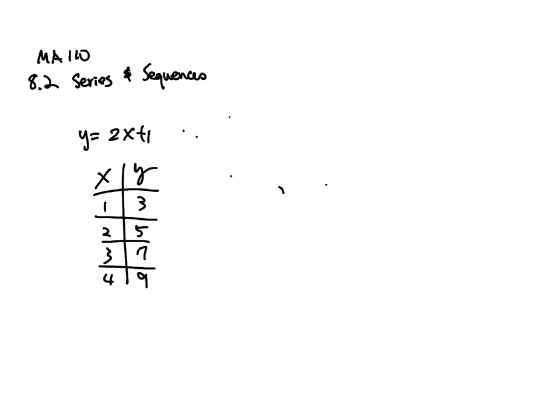Now, what I could do is take these values from the table and write it as a sequence. The first term will be 3, the second term will be 5, the third term will be 7, then 9, and so on.